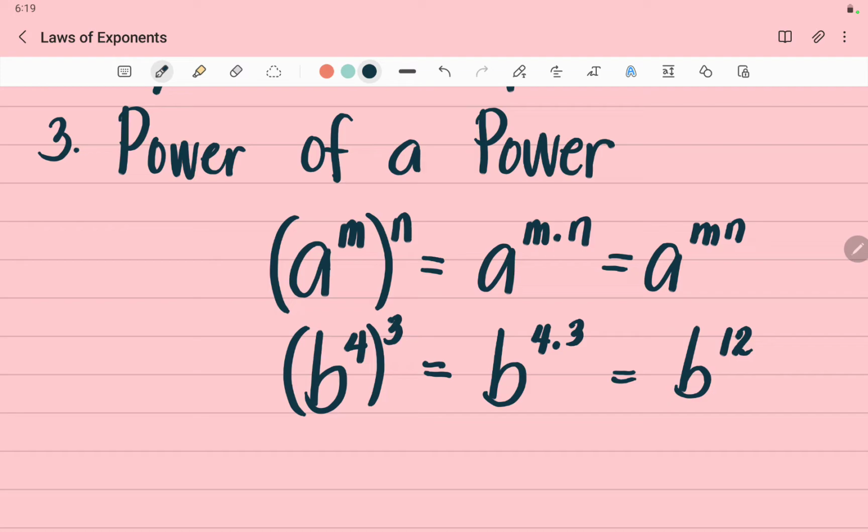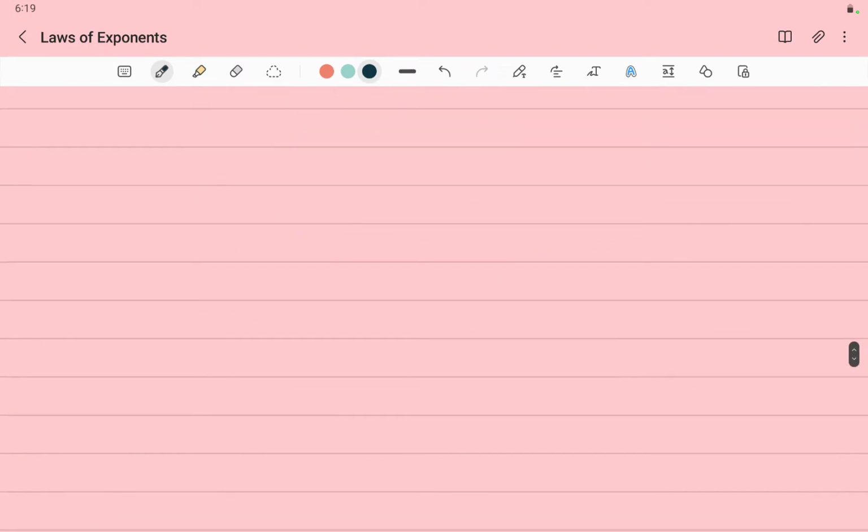Can you now see the pattern? Very good. When we see power of a power, we will just copy the base and multiply the exponents. Is that clear, students? Very good.